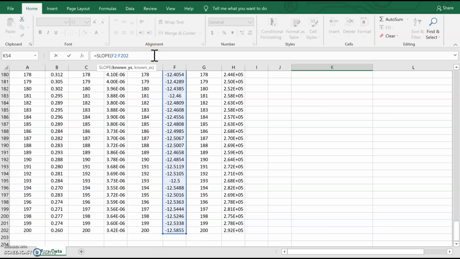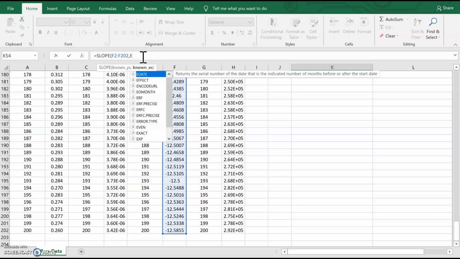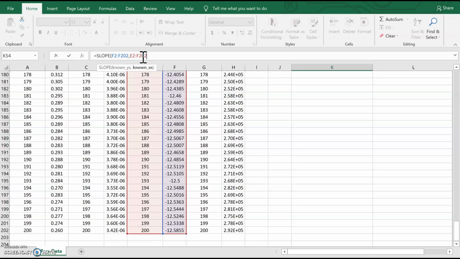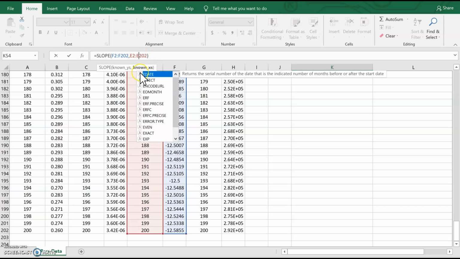Okay, so the change in y divided by, you can see it's telling me, I want the known y values and I want the known x values, and then the x values are the column over, E2 to E202.